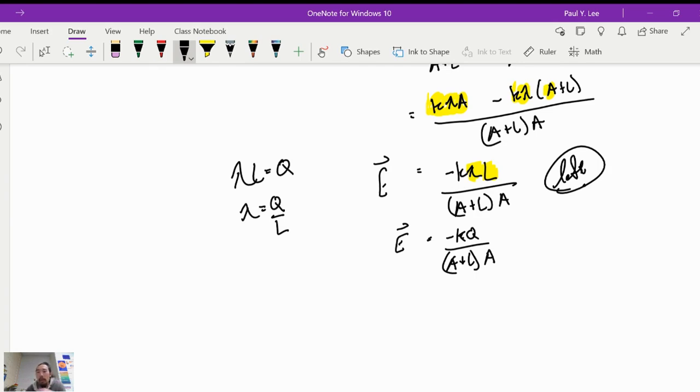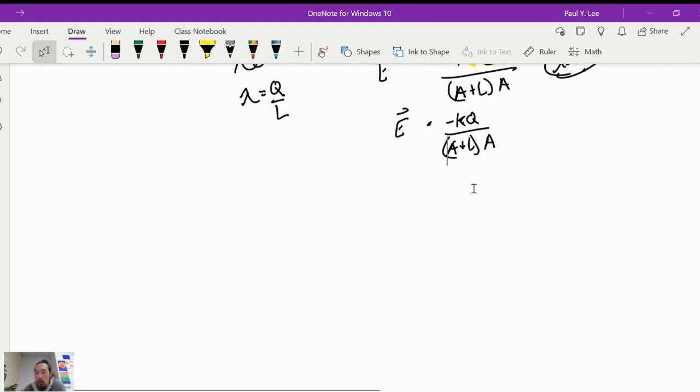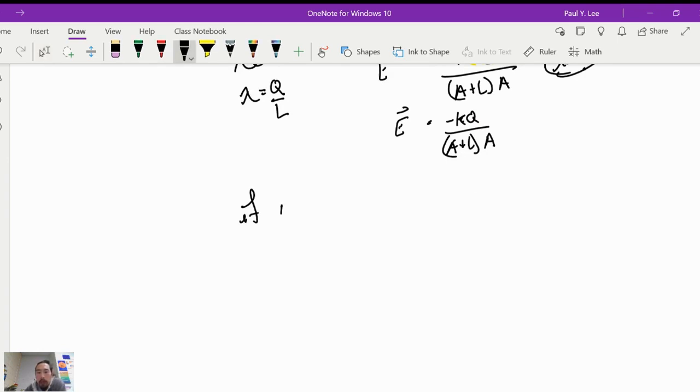All right, so I kept on saying it's important for us to not have that giant term, but to truncate it down, because you might see a question like the following. If A becomes much greater than L, what happens? So what this means is that, remember, A is the distance that the rod is from the origin.